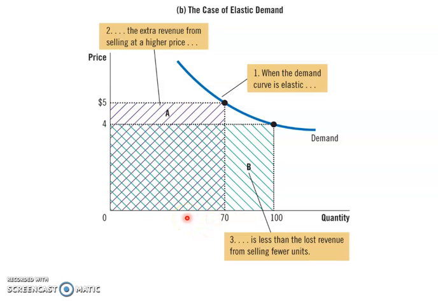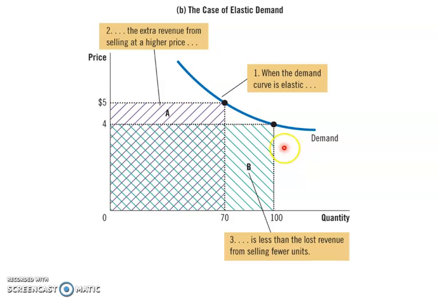Remember, previously when the price is $4, our total revenue is $400. So in this case, when we see an elastic demand and we increase the price, we find that total revenue actually decreases.